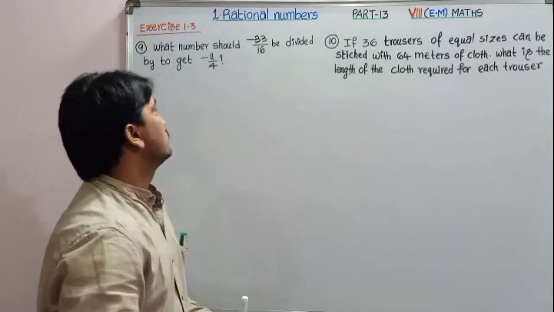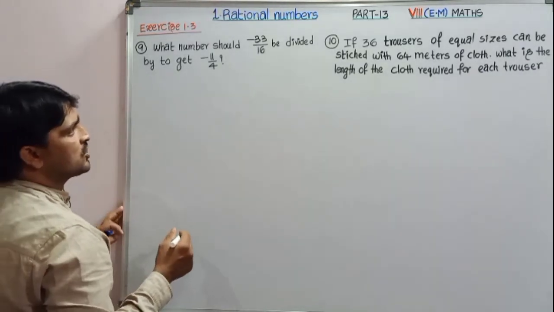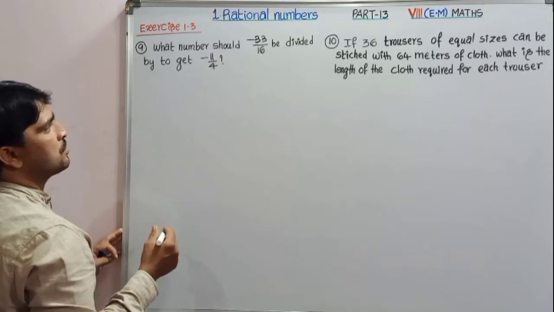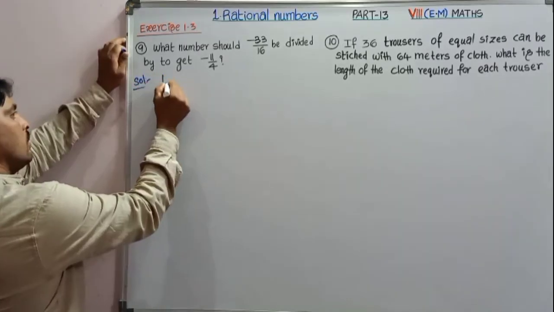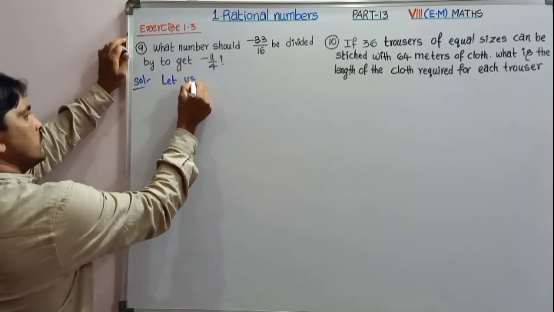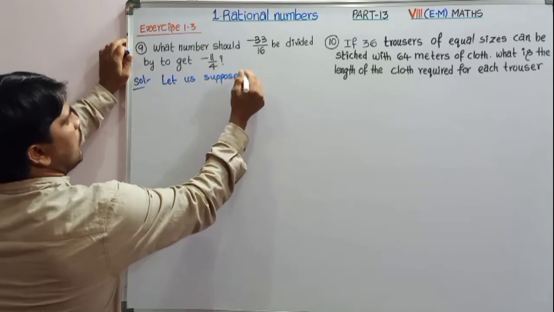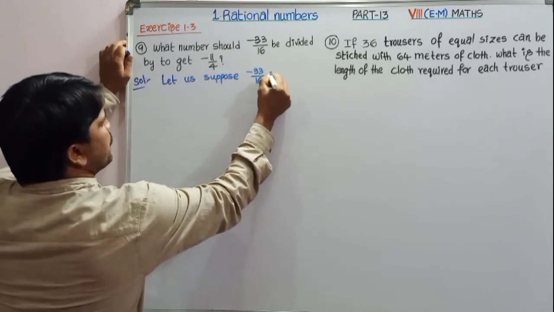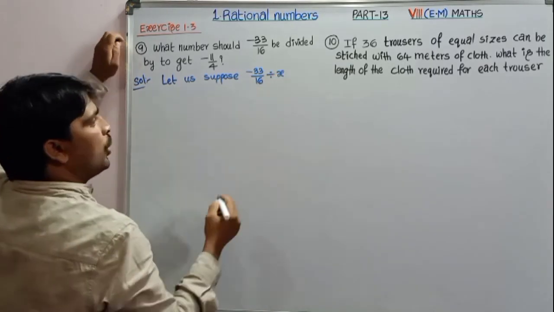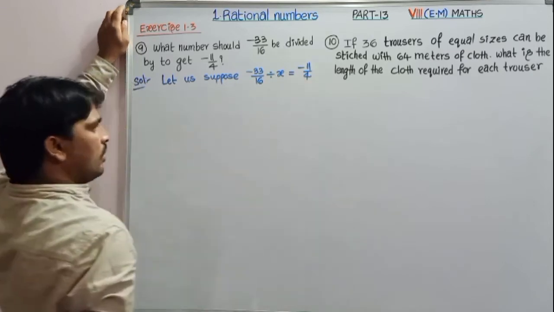Next question, the 9th one. What number should minus 33 by 16 be divided by to get minus 11 by 4? So let us suppose minus 33 by 16 is divided by x to get minus 11 by 4.